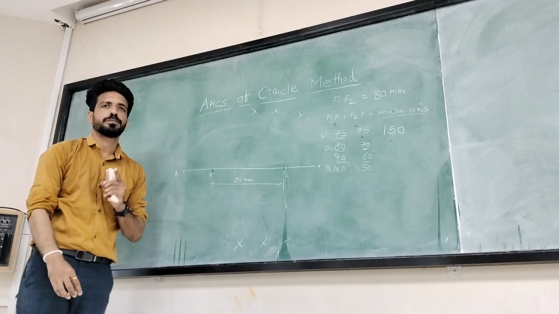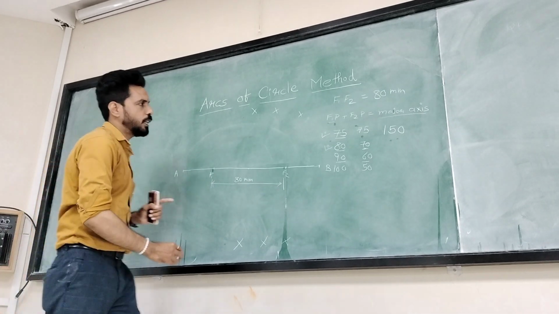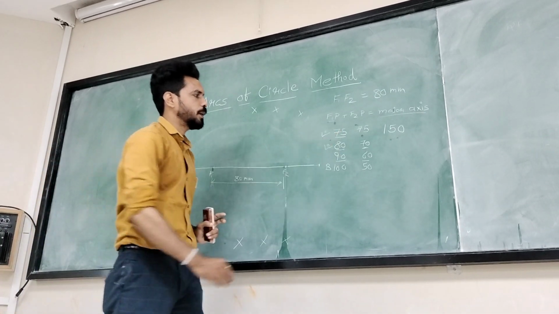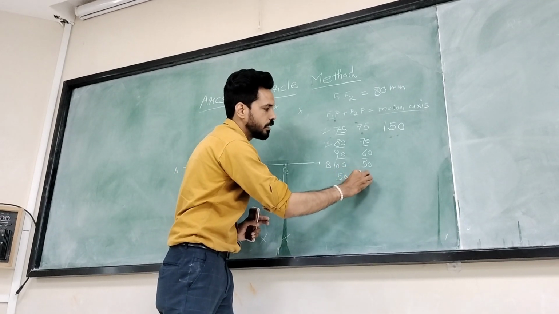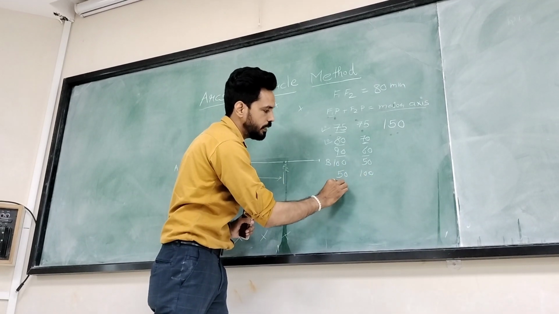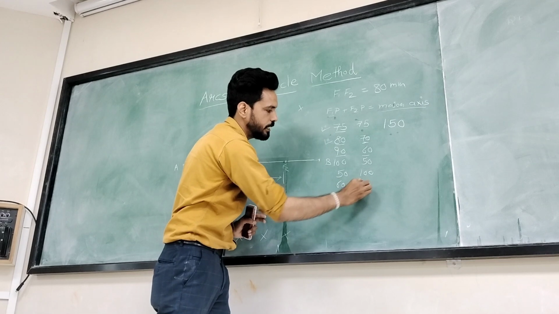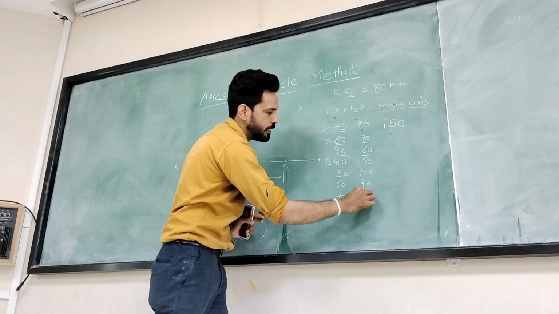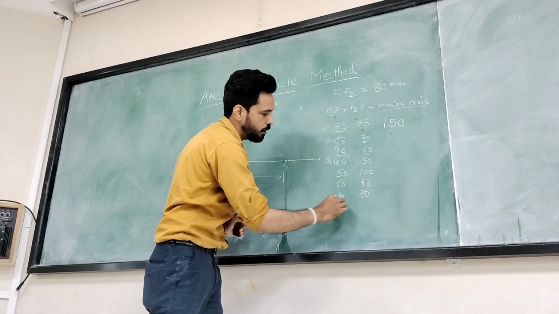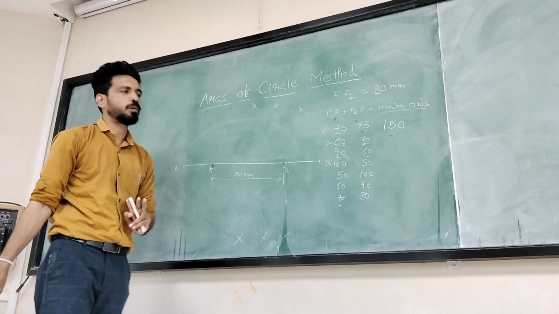Okay. Now if we reverse this method, for example let's say I am reversing the digits, that is 100 and 50, 60 and 90, 70 and 80, and similarly for 75 we already have one combination.